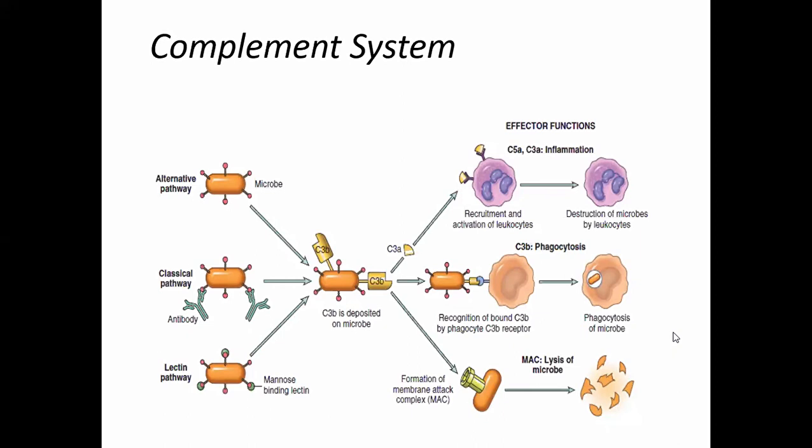So all these pathways lead to the formation of an active enzyme called the C3 convertase, which splits the C3 into C3a and C3b.